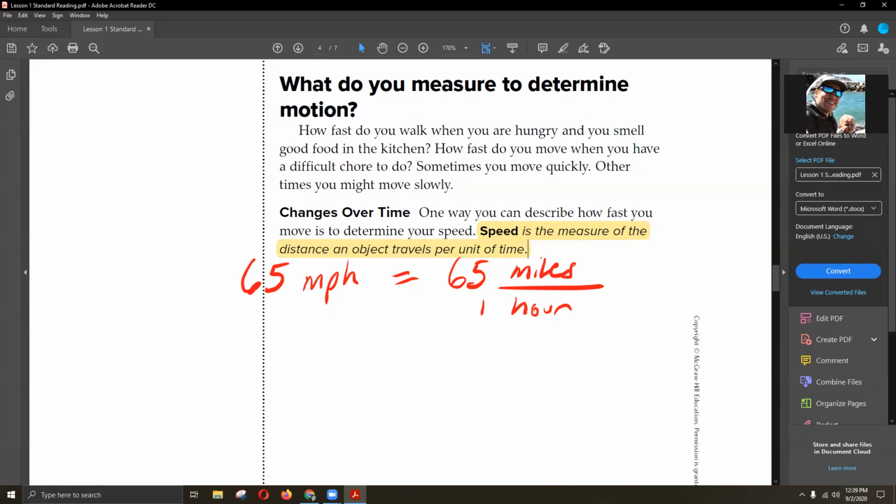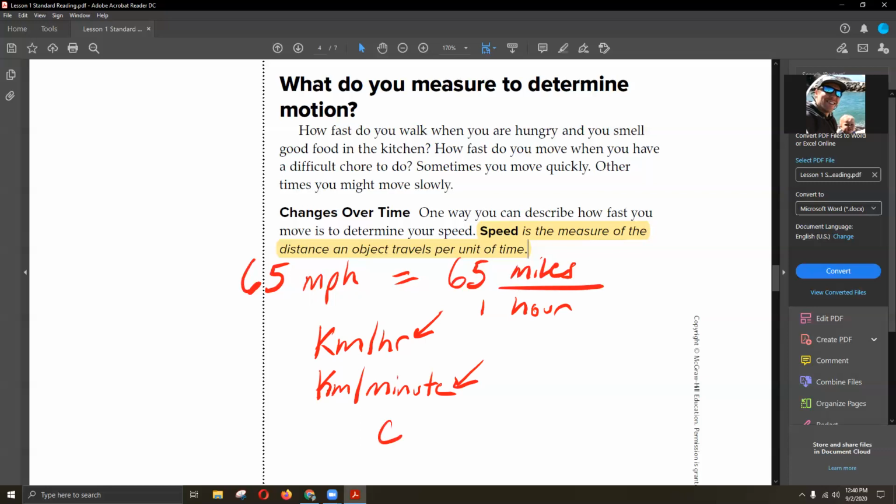So these units, miles per hour, could be any sort of distance and time units. We can have kilometers per hour. We could do kilometers per minute. If you were running a very short race, you would want to know the distance instead of the speed. It's less helpful in a short race.